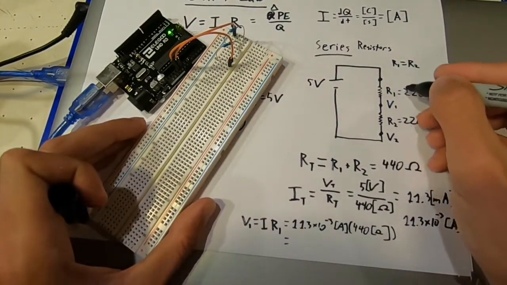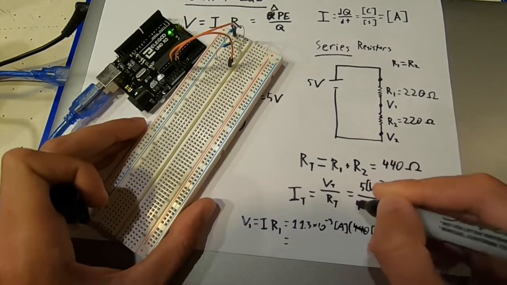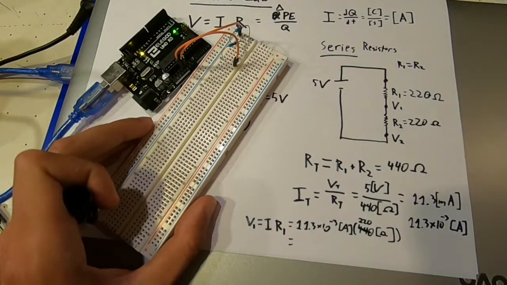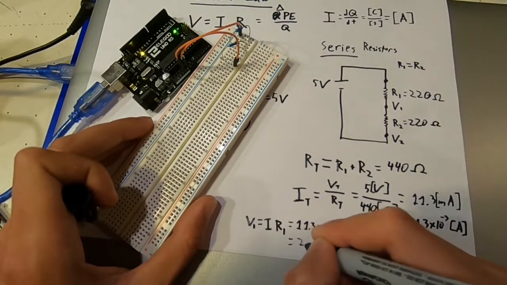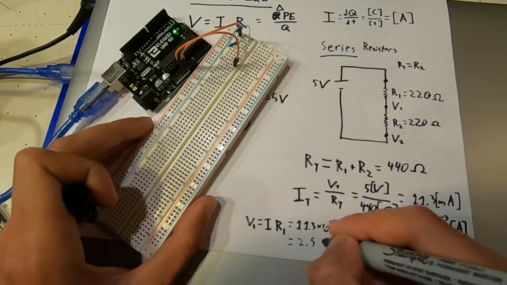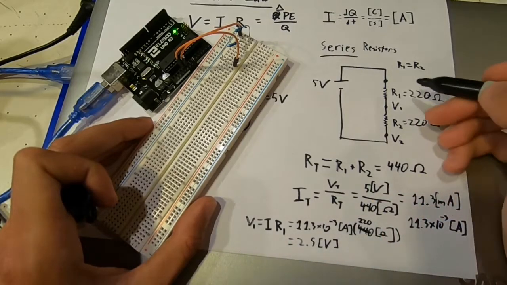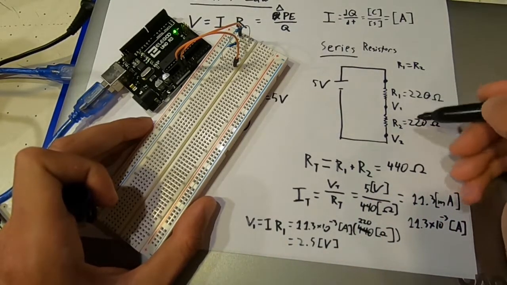So this R1 is just 220 ohms. All right, so that current is going to give us 2.5 volts, which makes sense, right?